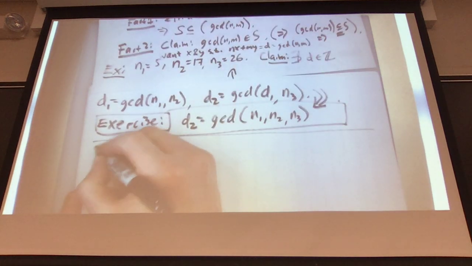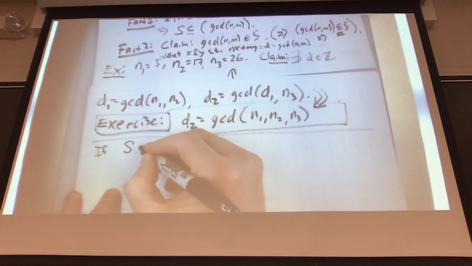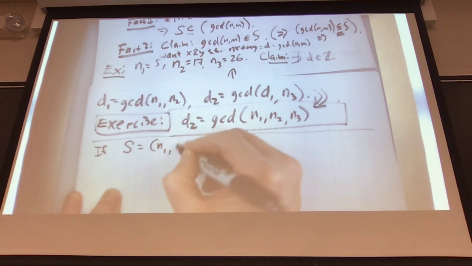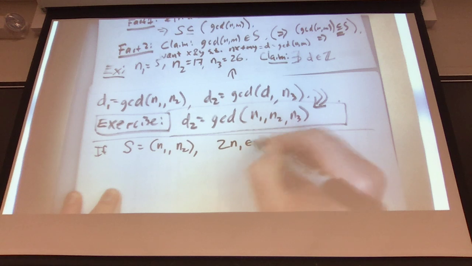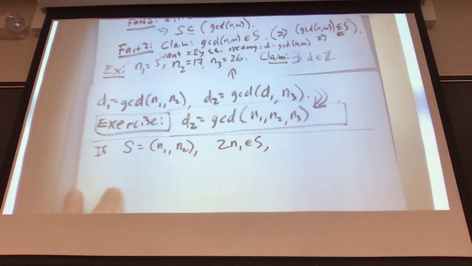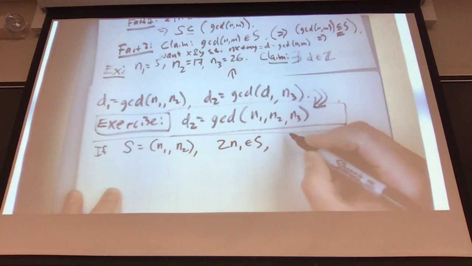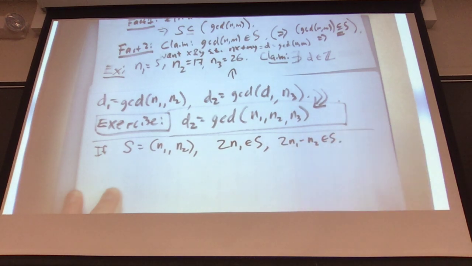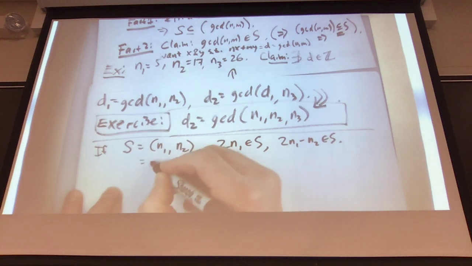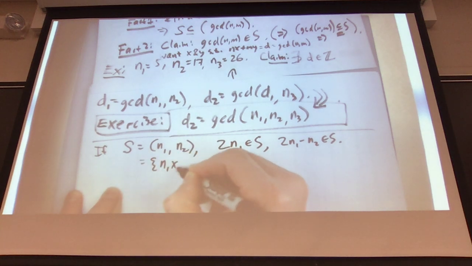If we have an ideal generated by n1 and n2, then 2 times n1 is in the ideal. I agree completely. As is 2 times n1 minus n2. I agree completely. So basically, it's just the combination of anything inside S. Yes. It's literally all of the integer linear combinations.